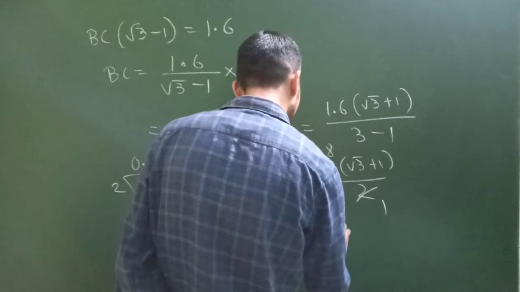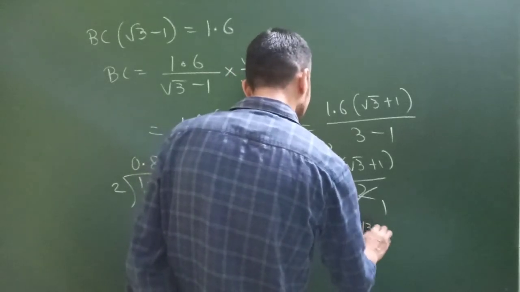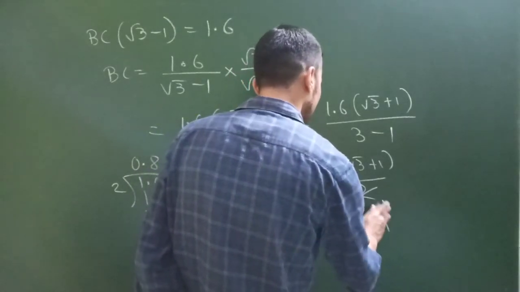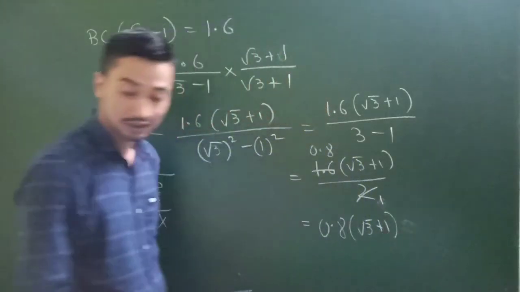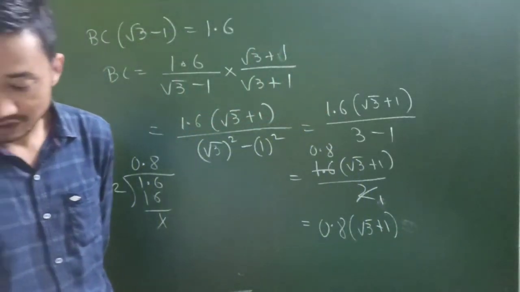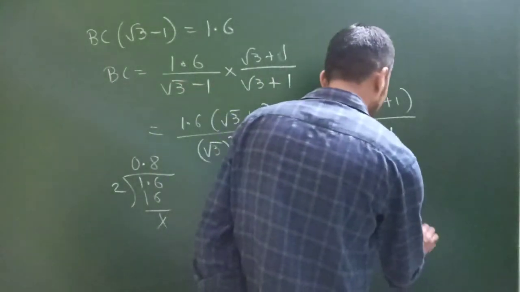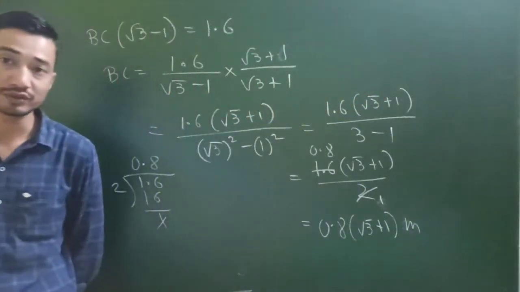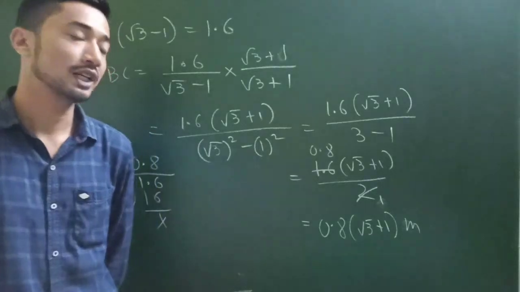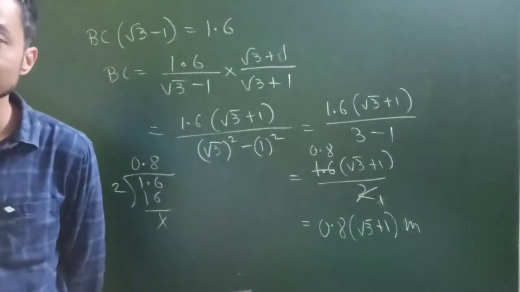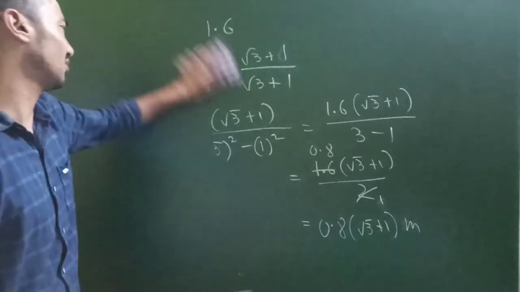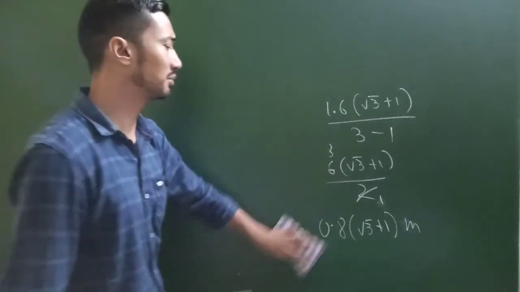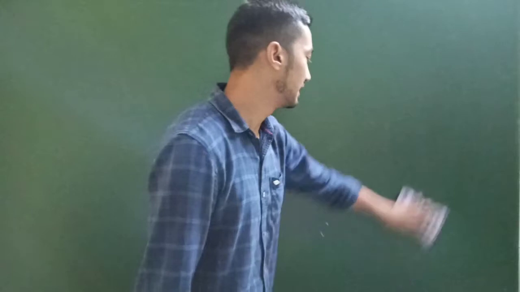So the height of the pedestal, as per the textbook answer, I think the unit is given in meters, isn't it here? Yes, meters. So it's going to be 0.8 into root of 3 plus 1 meter. Alright, so it's almost the same question, no? Like the previous question, that is question number 7.